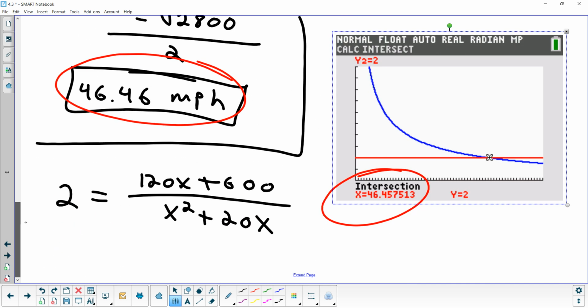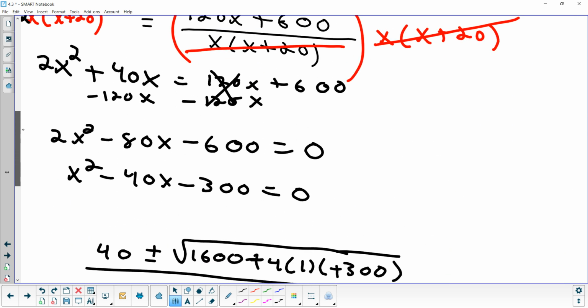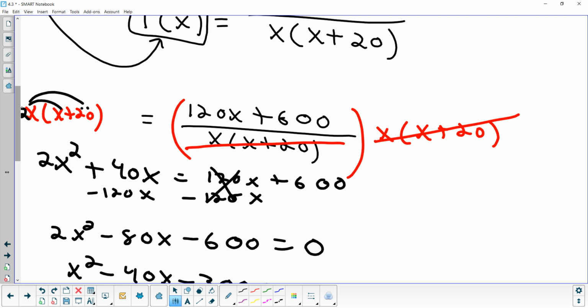All right, so any questions on that, especially the algebraic way? Okay, now everything we did here was fine, but we have to be a little bit careful because we multiplied both sides of this equation by something with a variable. If you do that, you have to check your answer.